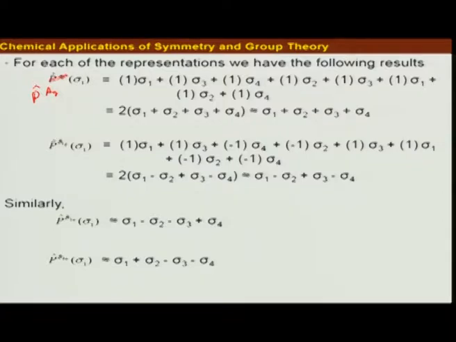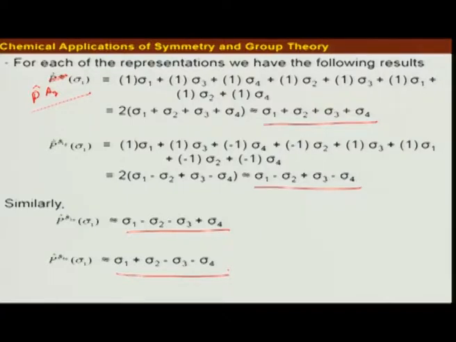So let's first operate P Ag on sigma 1. By now you know how to operate P. Here we are using the incomplete projection operator in terms of the characters. After doing that, we get this result. When we do the same thing for B1g, I get this result, and for B2u this, and for B3u this. Now you see what we are getting essentially.